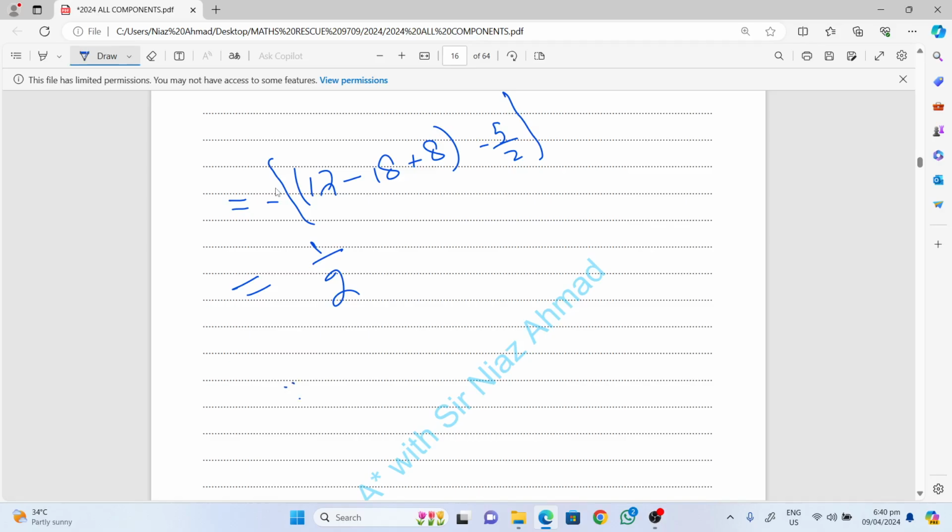Area, note, remember this thing, area under x-axis is always negative.